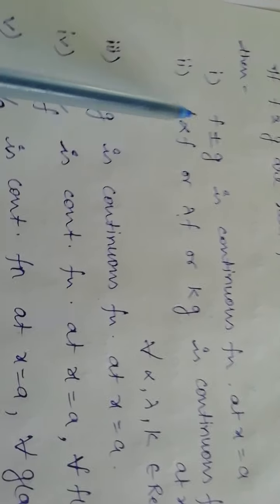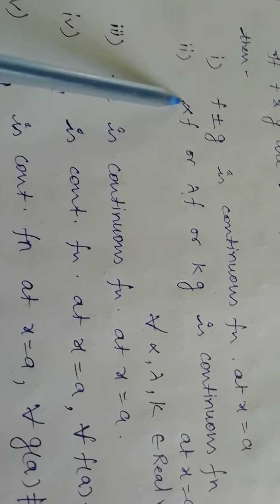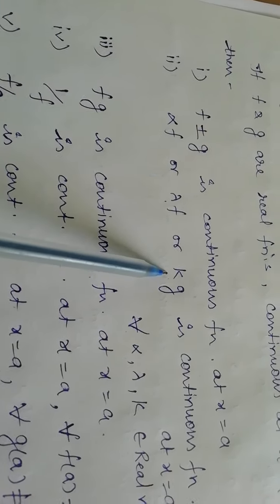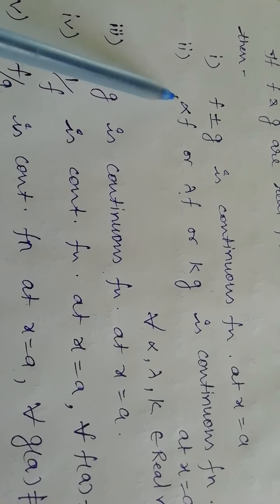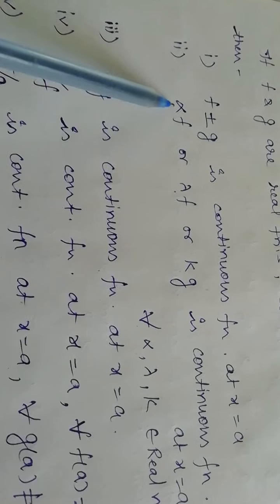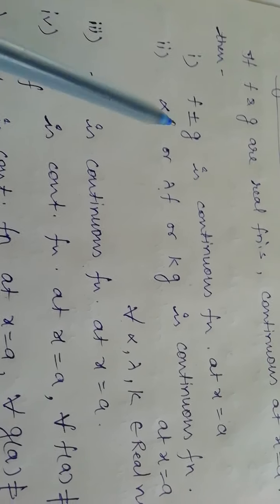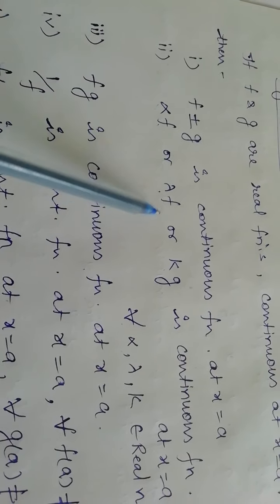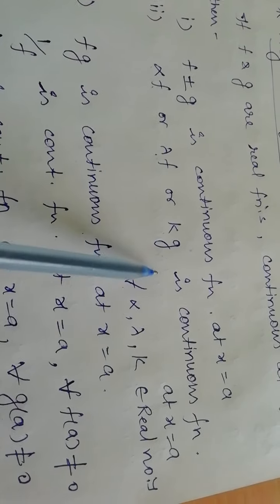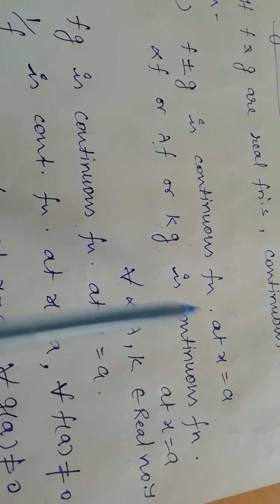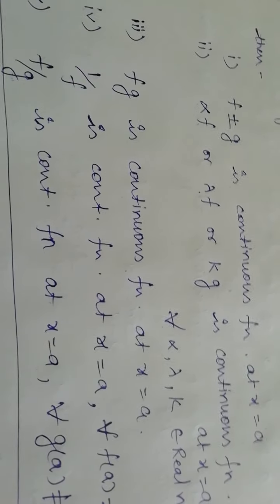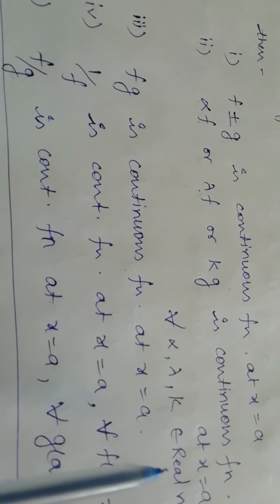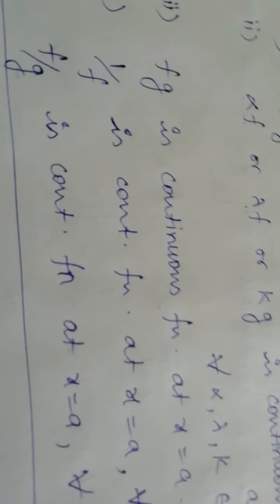Scalar product. Do you know the scalar product? So alpha, lambda, k, these all are scalar quantities, and these scalar quantities we are going to multiply with the functions. So let us consider alpha f or lambda f or k g. This will also remain continuous at x is equals to a. And alpha, lambda, k all belong to real numbers.